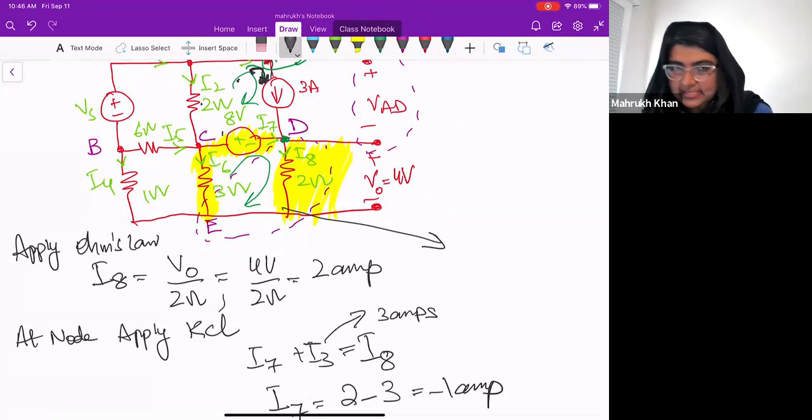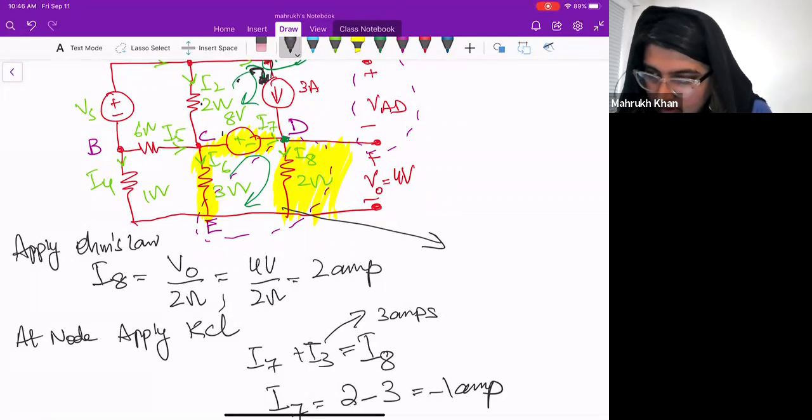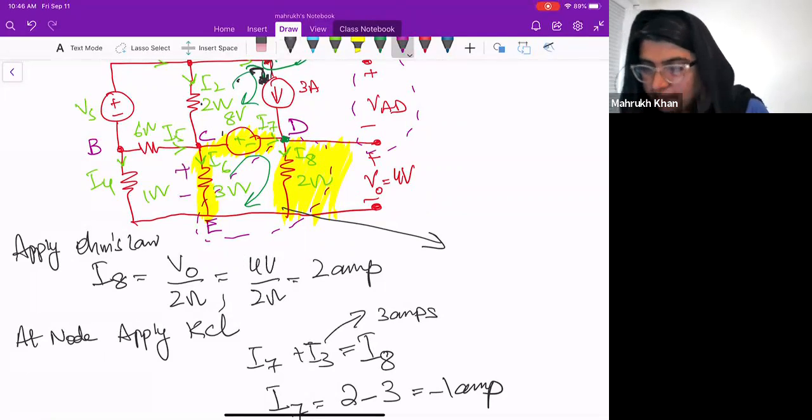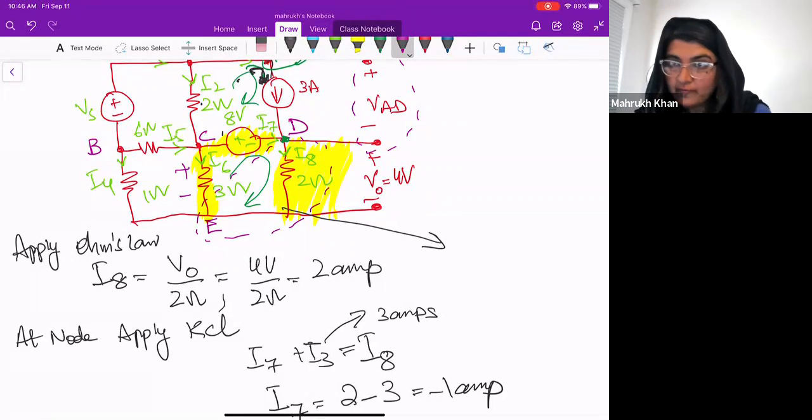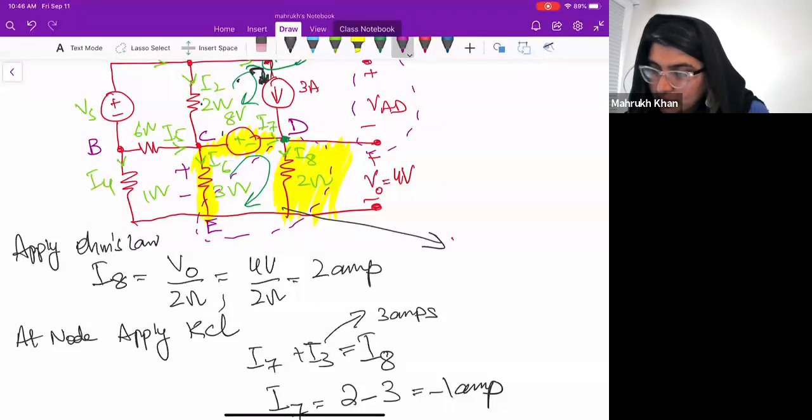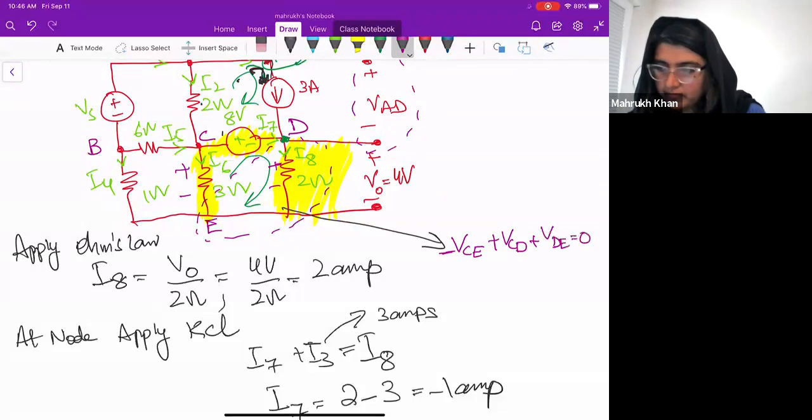Okay, let's try one more thing. Let's say that this is VCE, right? You can see the current is entering from the negative side of VCE, right? So I just write VCE plus VCD, which is also plus minus, and the positive side is entering, plus VDE equals 0, right?